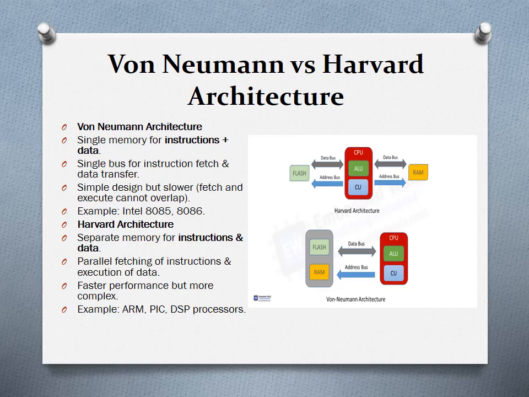To make it simple, I can say that RAM is otherwise called data memory. Read-only memory is otherwise called code memory or instruction memory. It means that the data or the instruction inside the read-only memory is fixed, whereas the data inside the RAM can be read and can be written into.